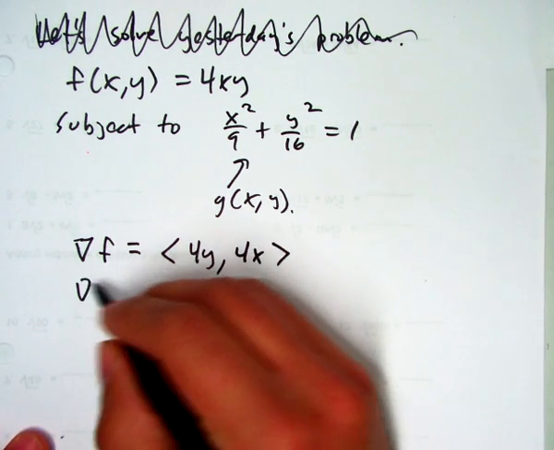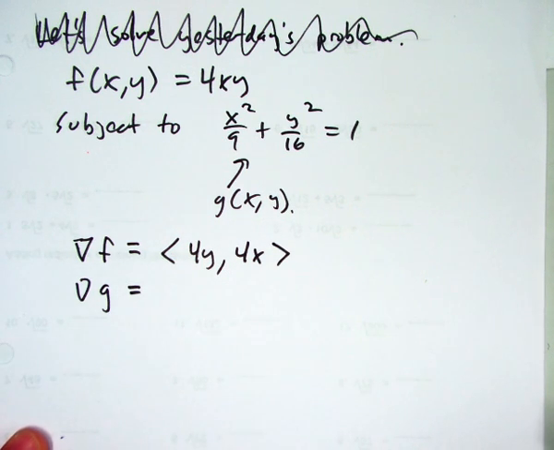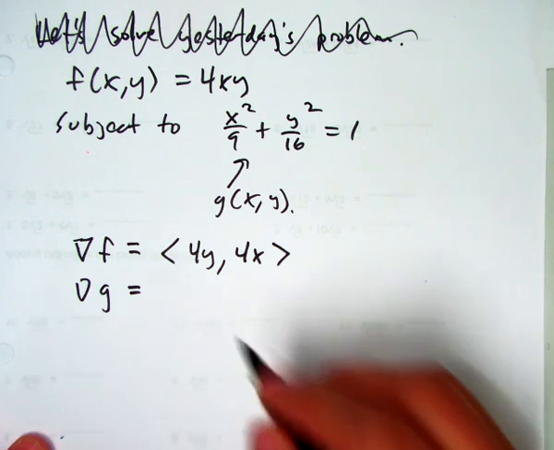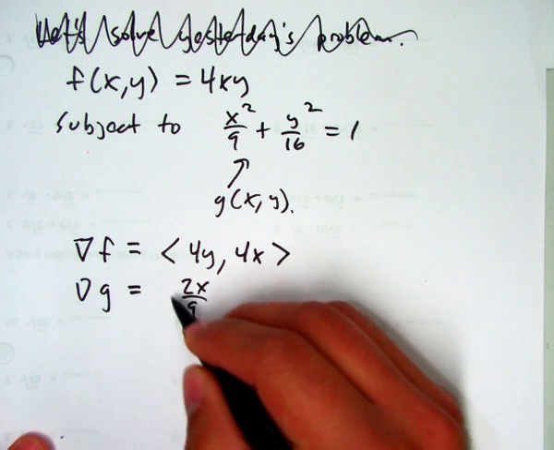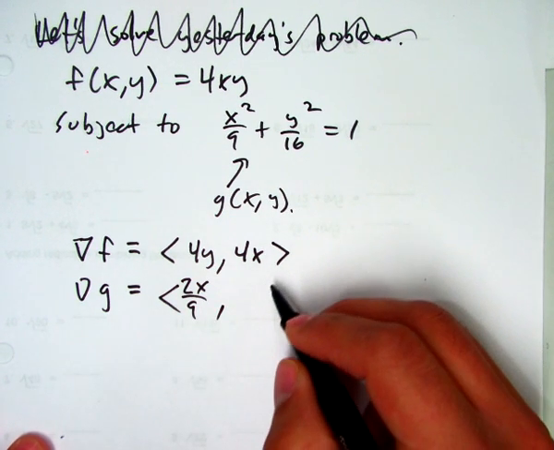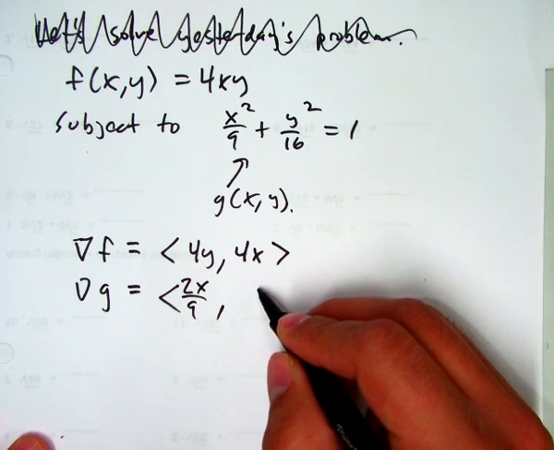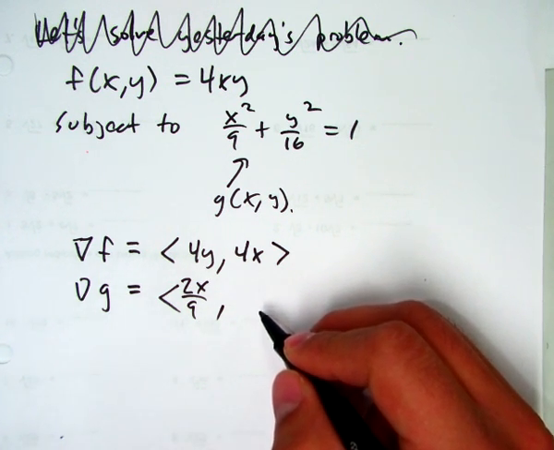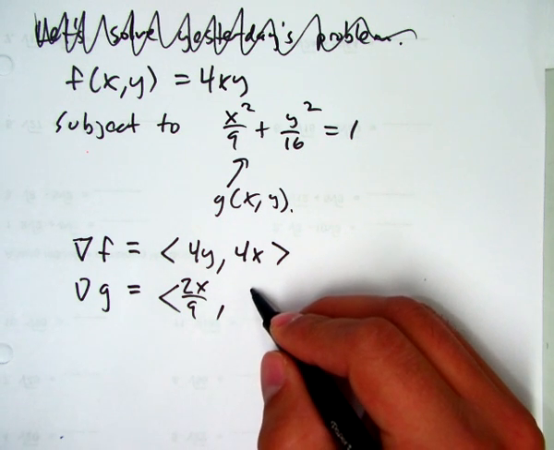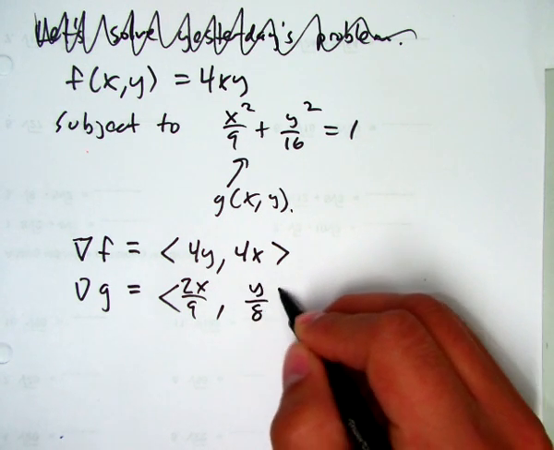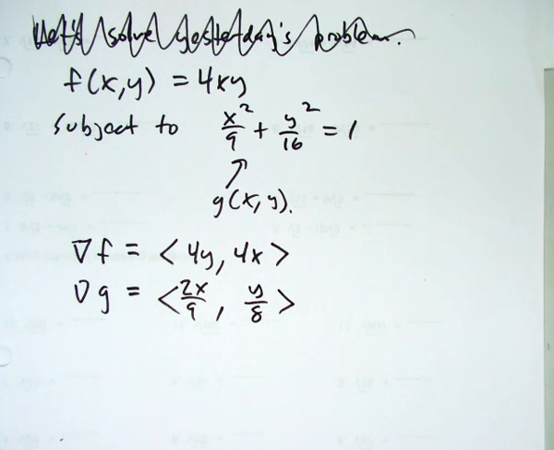The gradient for g, our constraint function, is 2x over 9, and y over 8. It's just y over 8, isn't it? Yeah. 2y over 16, 2/16 is 1/8.